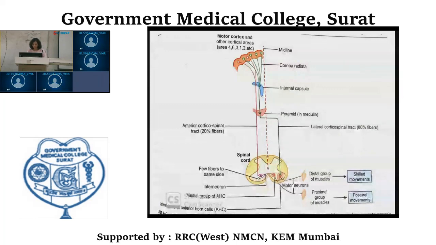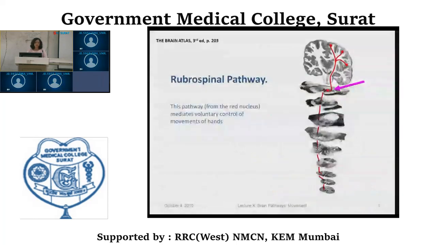Then, the other pathway. Now we come to the cortex, which is connected with various areas. There are various fibers which arise from this motor cortex, and they are connected with the various nuclei of the brainstem, and then there are some fibers going to the nuclei of the cranial nerves.